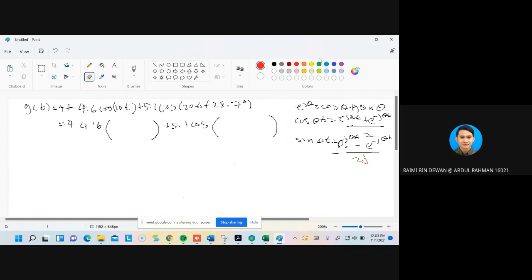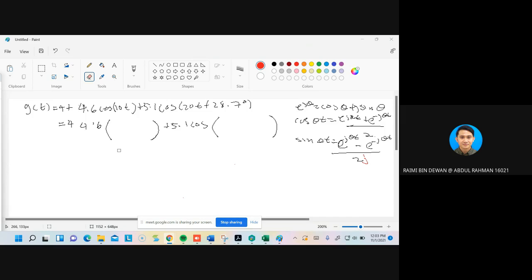Okay, so now using Euler's theorem, you have cos 10t, you need to convert to exponents. I use different colors so that you can distinguish it easily.